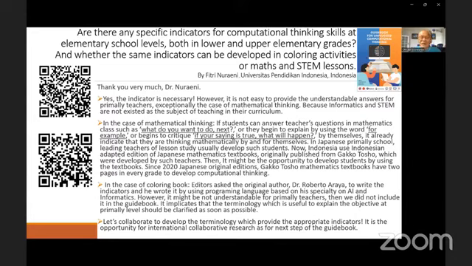Yes. Let's collaborate to develop the terminology which provides the appropriate indicators. It is an opportunity for international collaboration, collaborative research, as the next step of the guidebook. Let's develop the indicators by ourselves with collaboration.